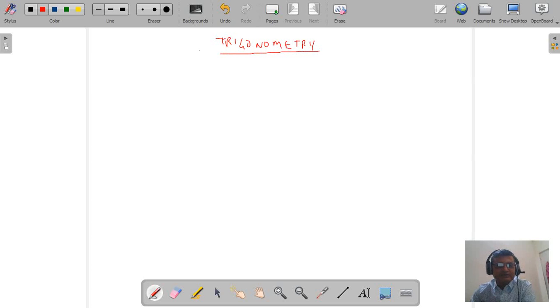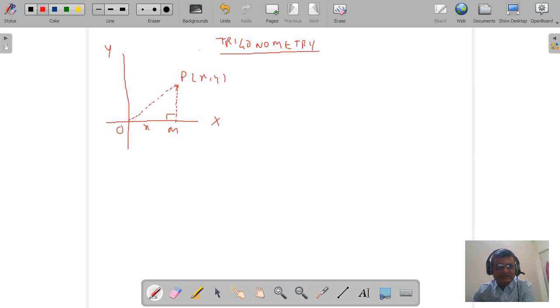First of all, we are taking the x-axis and this is the y-axis, and we are taking a point P. From here we are drawing a perpendicular M, and from here we are joining it to the origin. Let this point be (x, y).